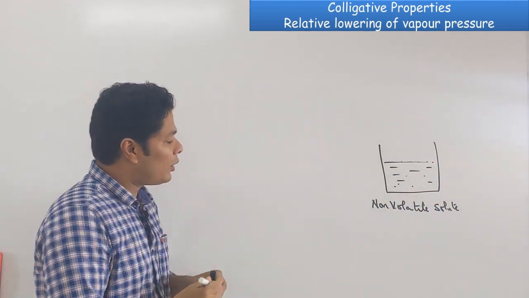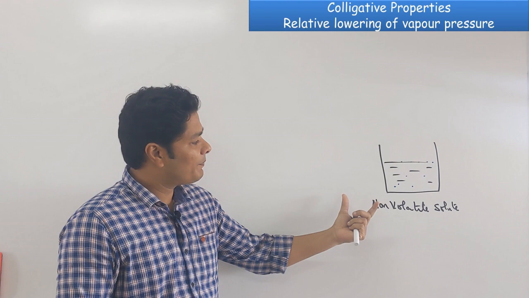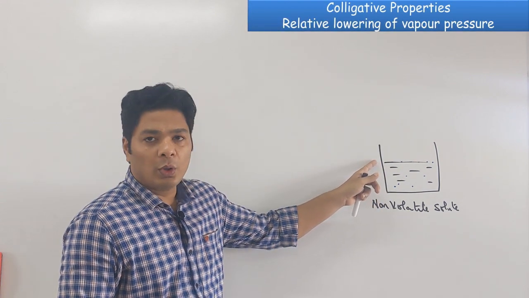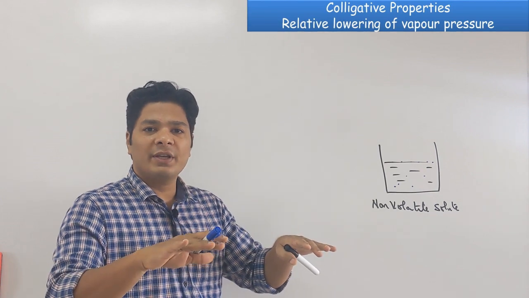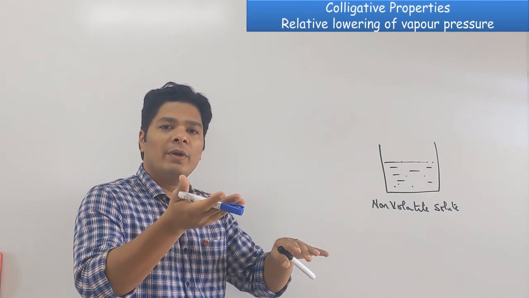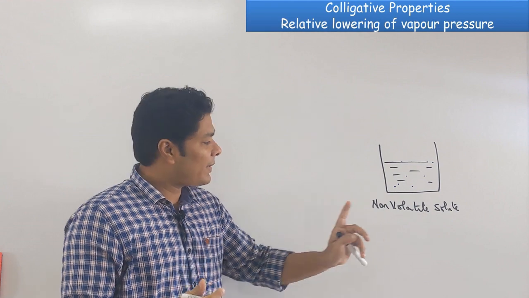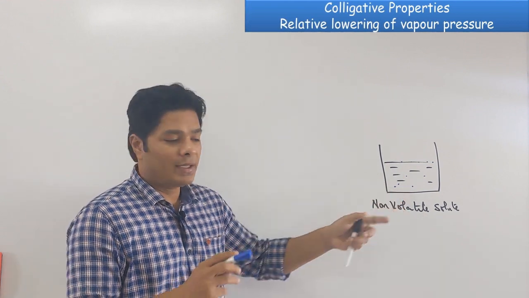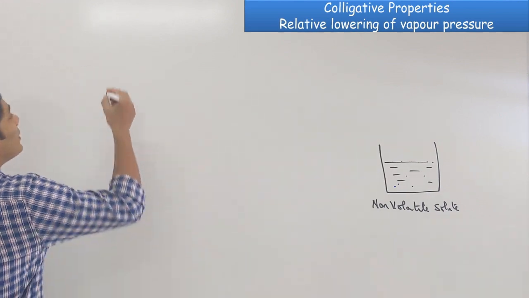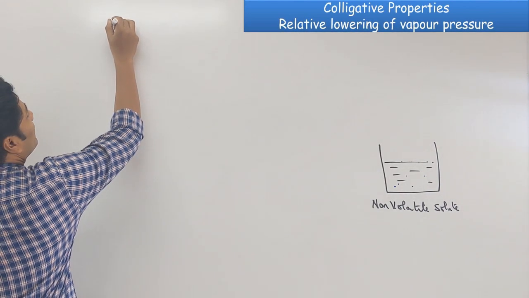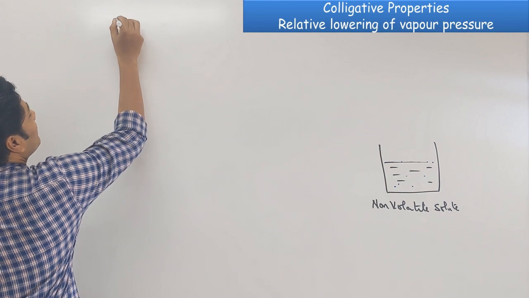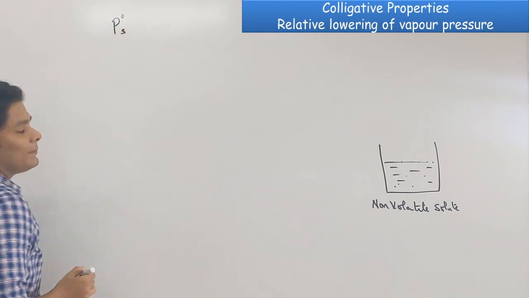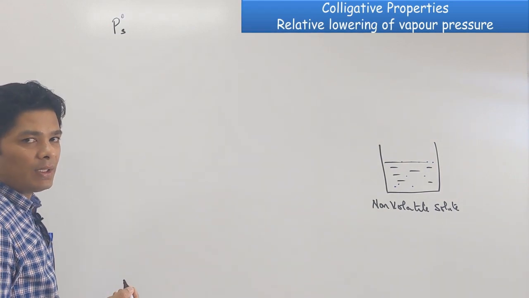So by adding a non-volatile solute, what we have done is we have decreased the amount of surface area of the pure solvent. So if you decrease the amount of surface area, the amount of solvent that can go into vapor phase also decreases. Hence, by adding a non-volatile solute, your vapor pressure of the pure solvent decreases. So vapor pressure of the pure solvent can be written as P naught S. We can use PS as well, it's okay.